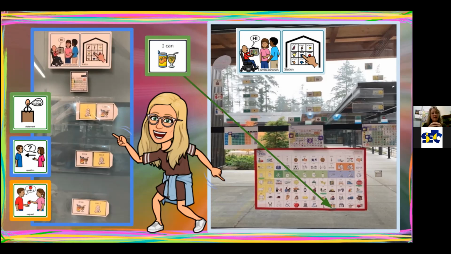So I created these really quick on Boardmaker. This is a statement, this is a question, this is a request. These are communication functions. And what do these functions mean? So it's been a really successful piece to do.